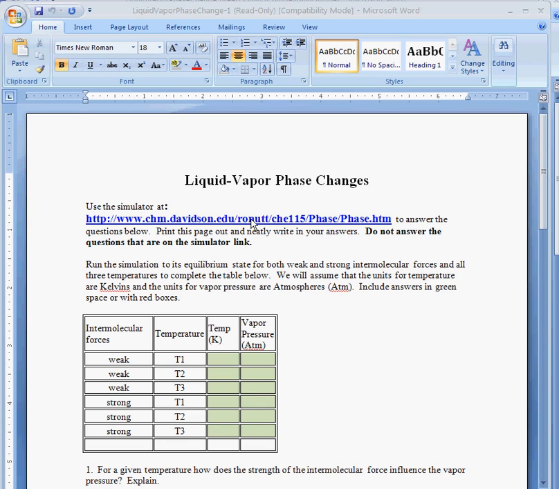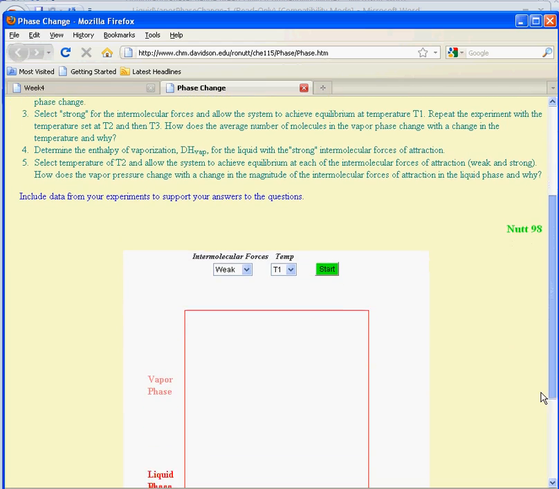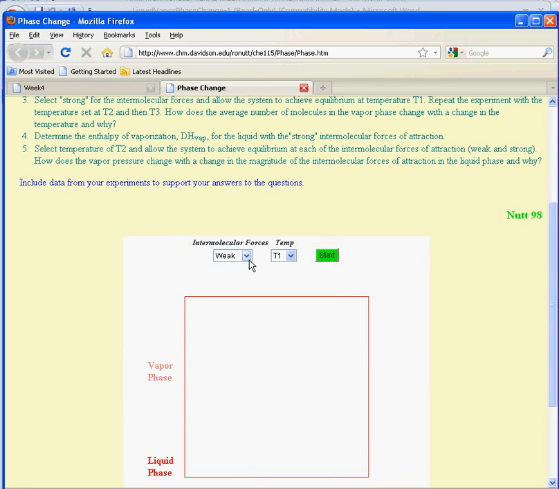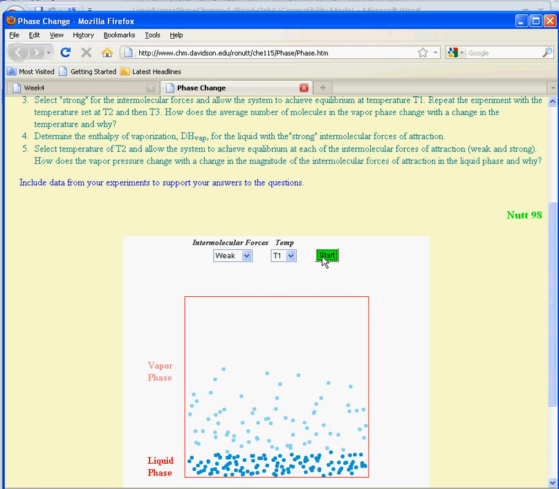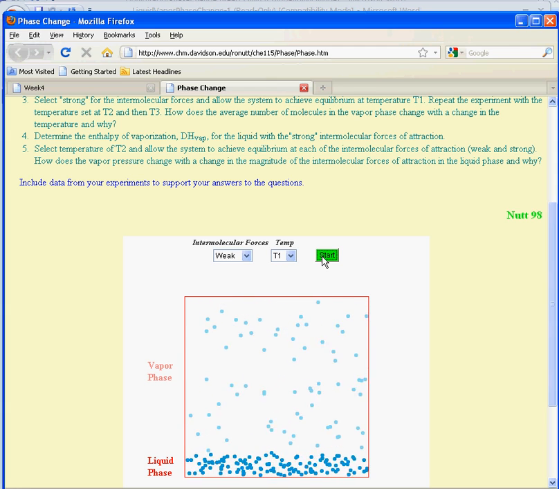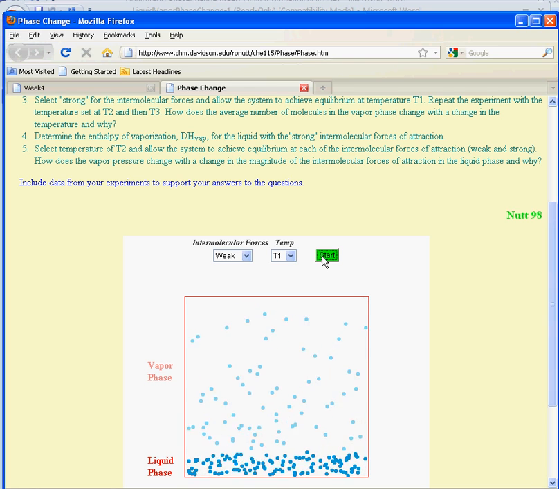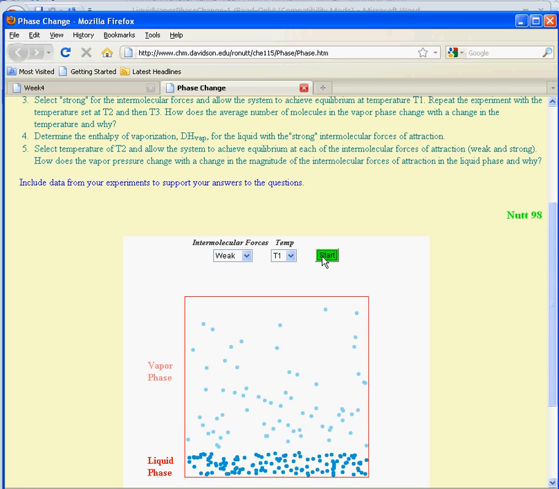And so we'll use this environment, Control-click to get over here, and start with weak intermolecular forces, the lowest temperature, and then go ahead and click the Start button. It takes about 40 to 45 seconds for the vapor molecules to equilibrate.